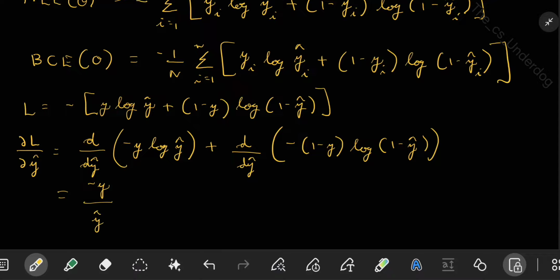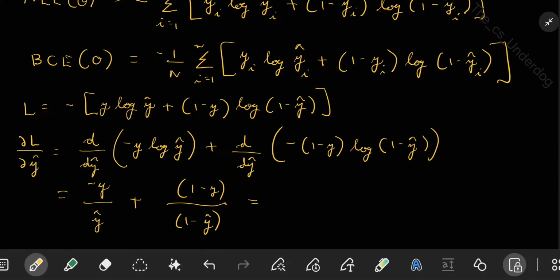So it will be minus y by y cap plus, for this term, minus of 1 minus y divided by 1 minus y cap. Then you have to take the derivative of 1 minus y cap with respect to y cap, which is minus 1. So this minus and this minus cancel out. I'm removing both of those. This will be the derivative.